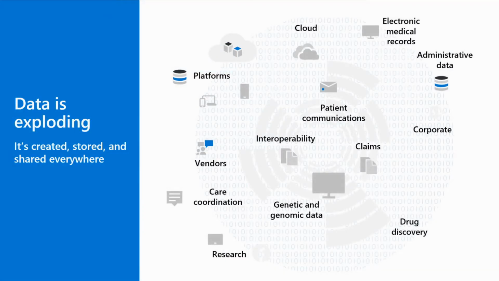First of all, why do we need to look at data loss prevention? Well, the reason might be very simple. Data is exploding. We can create it, store it, and share it from any platform we like right now. It's very easy to, either intentionally or not, share a very sensitive document with someone.